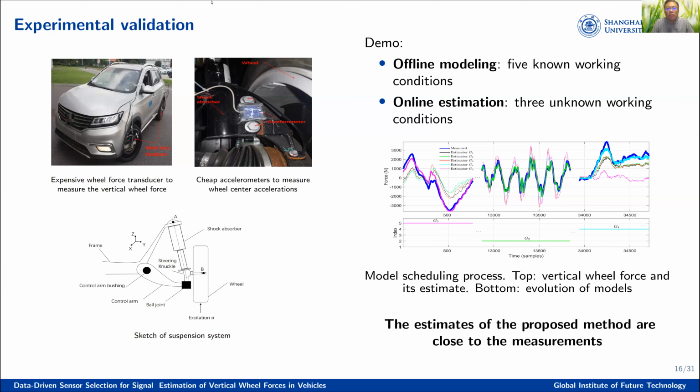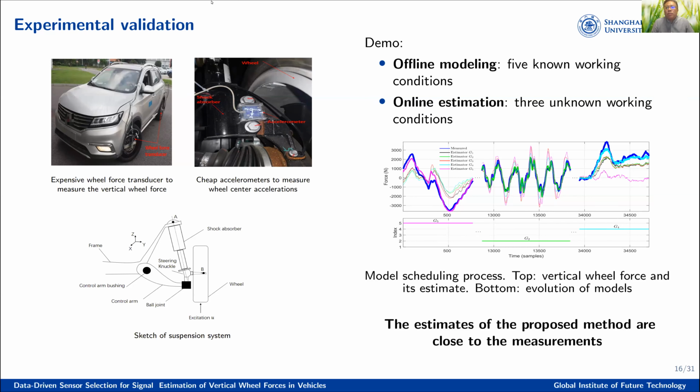The model scheduling process is still trying to identify the vertical real force and its estimation. The bottom figure on the right demonstrates the evolution of the model, which means the change of the models.